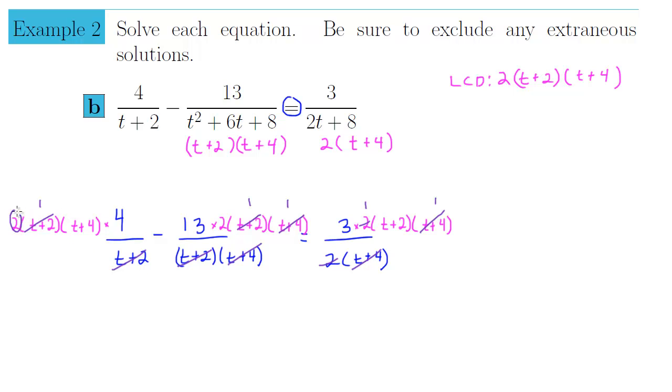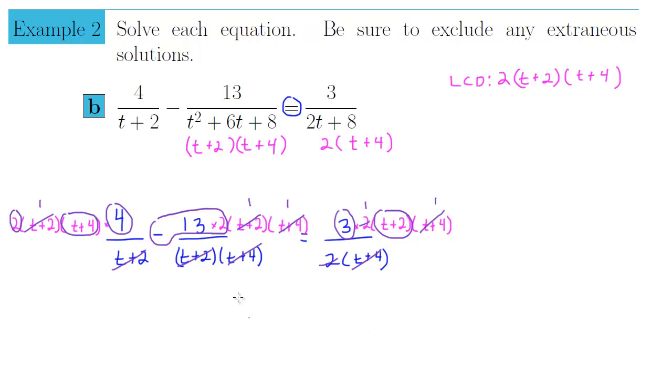The first term left us with a 2 times 1 times t plus 4 times 4. The second term left us with a negative 13 times 2 times 1 times 1. And then the final term on the right side left us with 3 times 1 times t plus 2. All right.